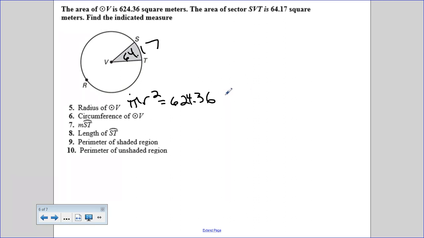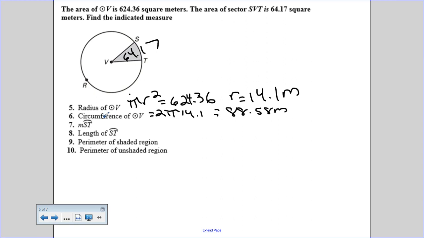Okay, so I'm going to divide by pi, take the square root, and I get the radius is about 14.1 meters. To find the circumference, well, I have that radius, so 2 times pi times 14.1, and I get 88.58 meters.